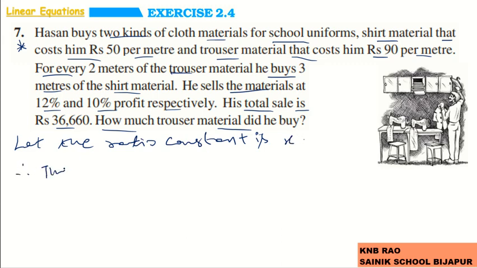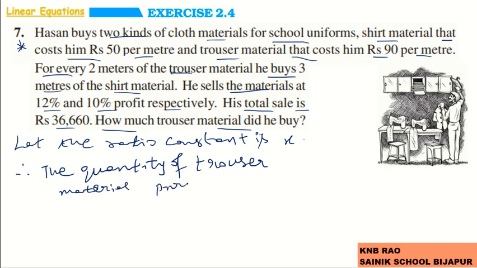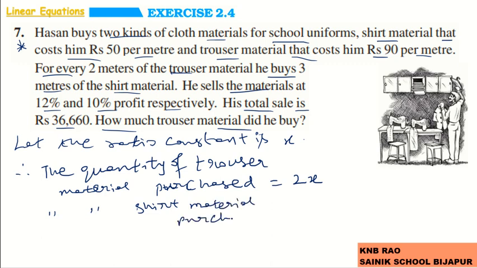Therefore, the quantity of trouser material purchased equals 2x, the quantity of shirt material purchased is 3x meters.